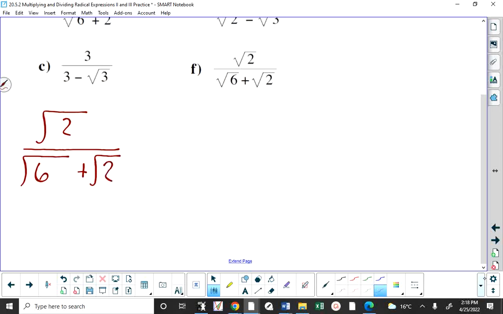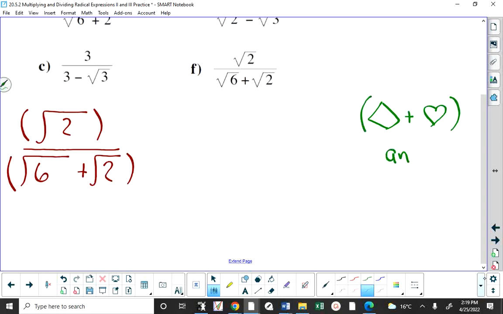You multiply the top and the bottom by the conjugate of the bottom, which specifically in this case, well, I'll just do this over here. These are conjugates.